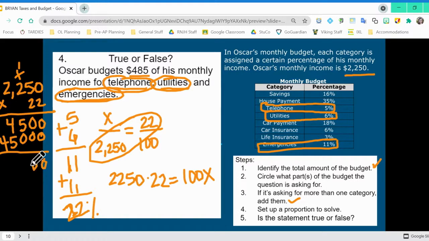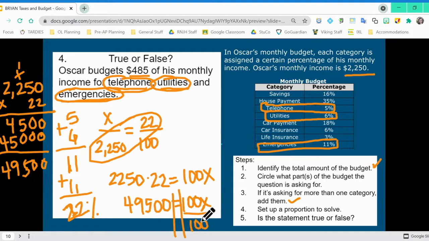So when we add that up, I get 49,500 equals 100x. My last step is to get x by itself. So to get x by itself, I'm going to divide by 100. When I divide by 100, I notice I have some zeros up here as well.